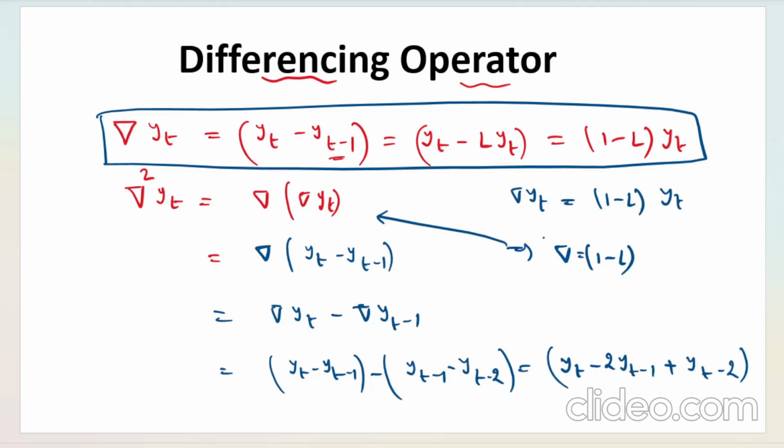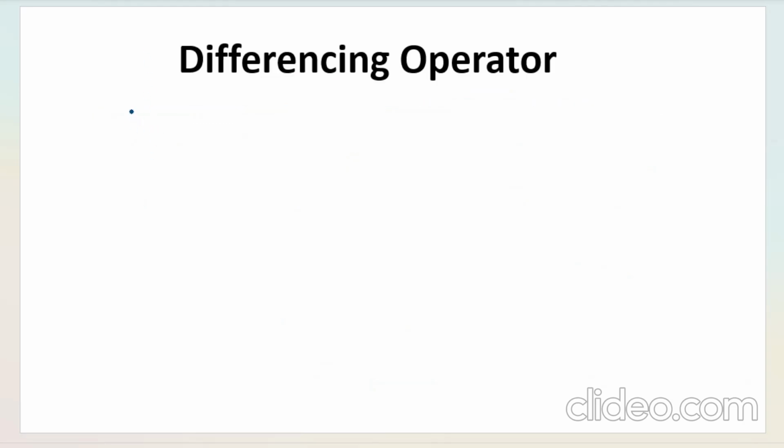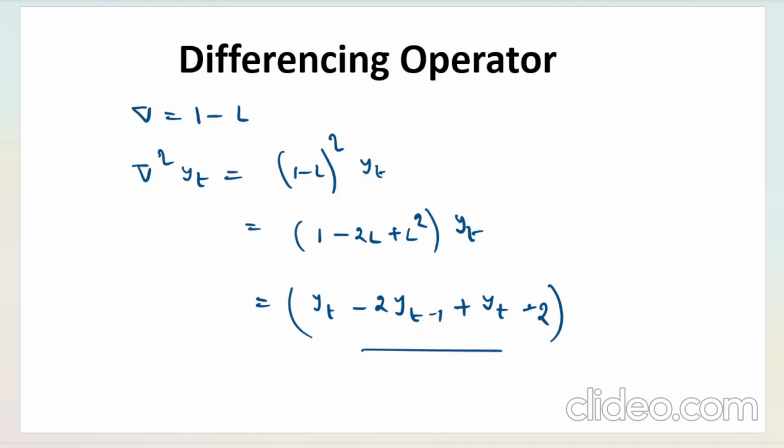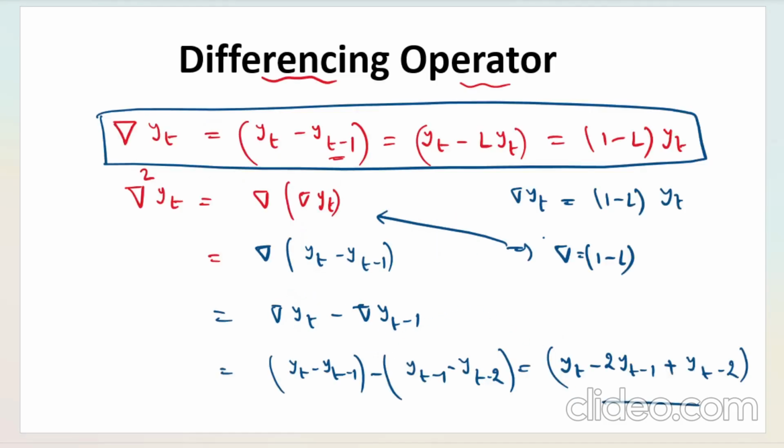So this is one way of doing this, or you can use this formula also. If you want to find out delta square yt, you will simply write 1 minus L whole square into yt. Now if you apply the formula of whole square, this is what you will have: yt minus 2 yt minus 1 plus yt minus 2, right? So this is the same thing that you have got here.